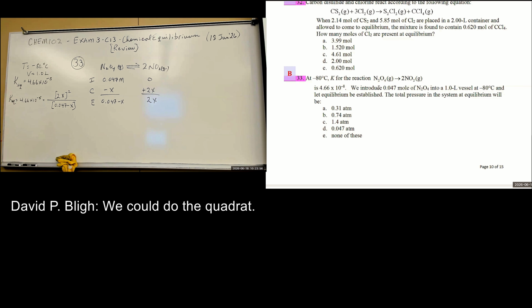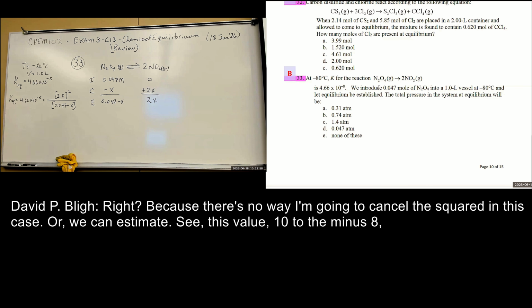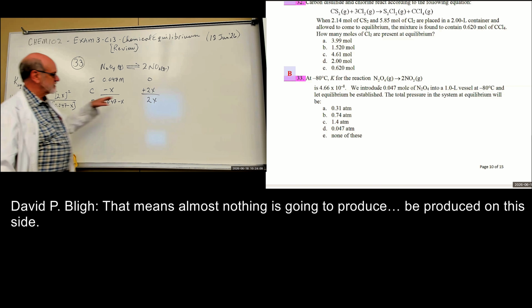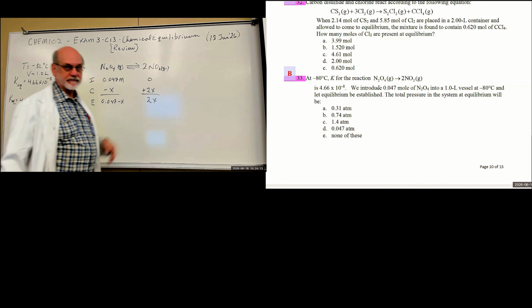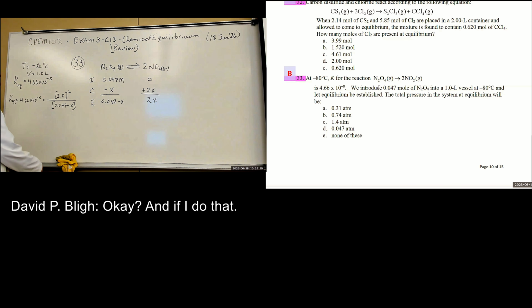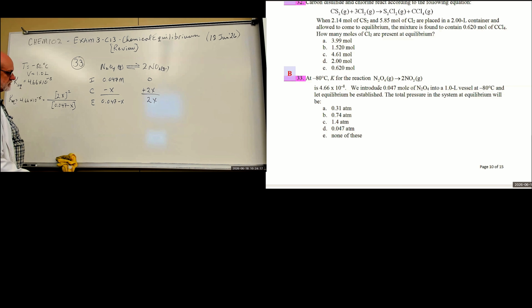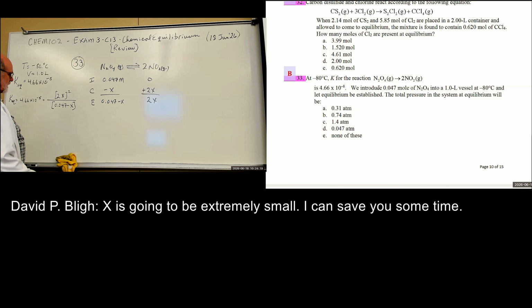We could do the quadratic, because there's no way I'm going to cancel the squared in this case. Or we can estimate. See, this value, 10 to the minus 8, means almost nothing is going to be produced on this side. So x is going to be extremely small. I can save you some time.